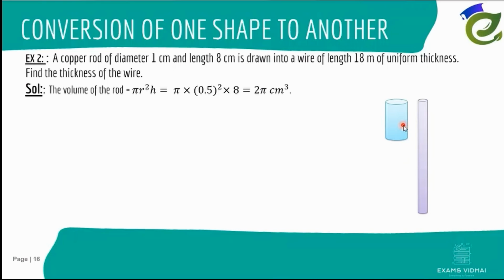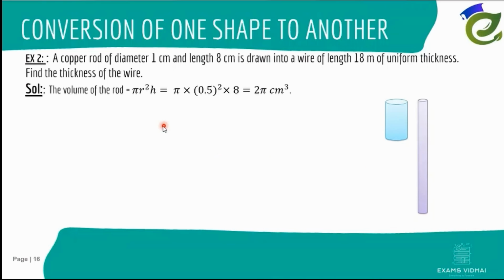So when radius increases, the height decreases, and when the height increases, the radius decreases. We can say it in a better way as length rather than height. So when length increases, the radius decreases. Here volume remains the same because this copper rod is being drawn into this wire of uniform thickness.